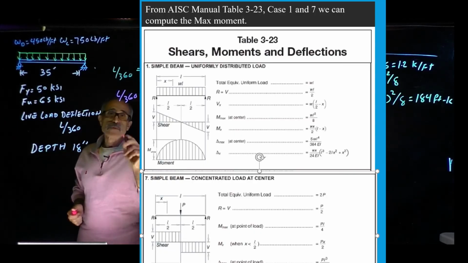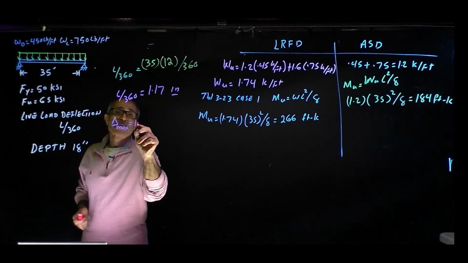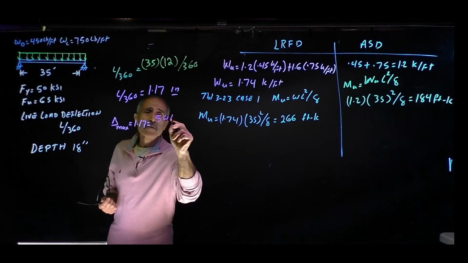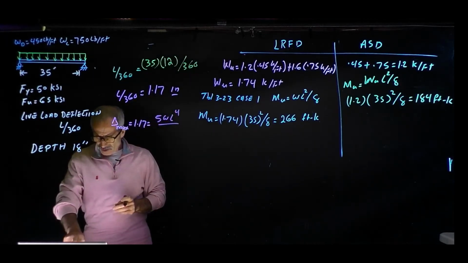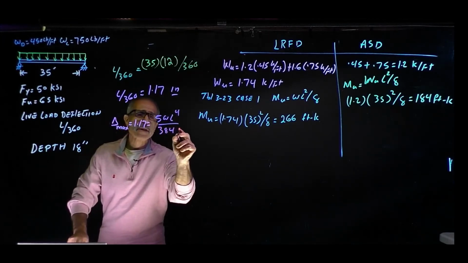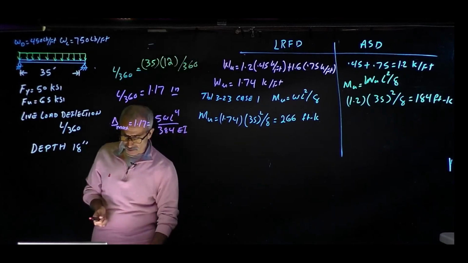Delta max, in our case, is equal to 1.17, and that is equal to 5WL to the power 4 divided by 384 EI.